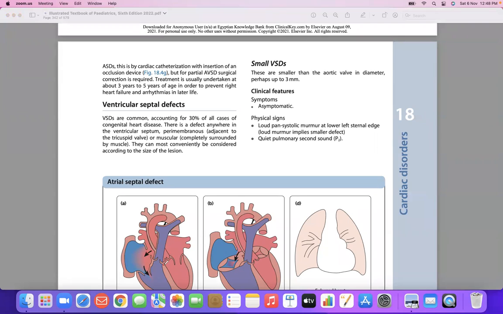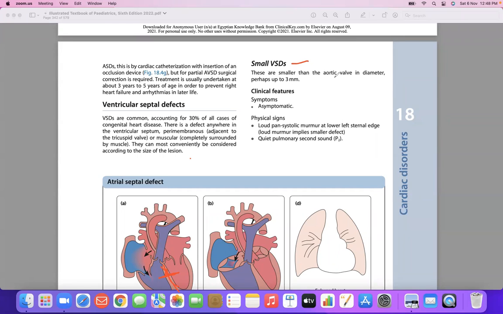Here I think the ventricular septal defect is membranous and muscular. As I remember, 1/3 is made of the membranous and 2/3 by the muscular. So the defect can be perimembranous or muscular also. This is most conveniently considered according to the size of the lesion. So again, small VSD.